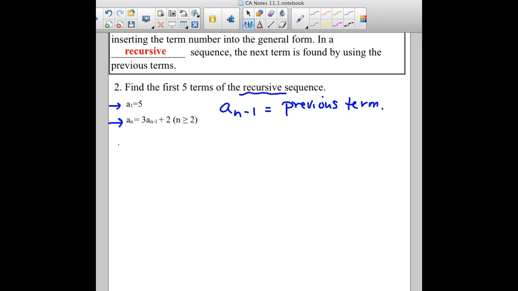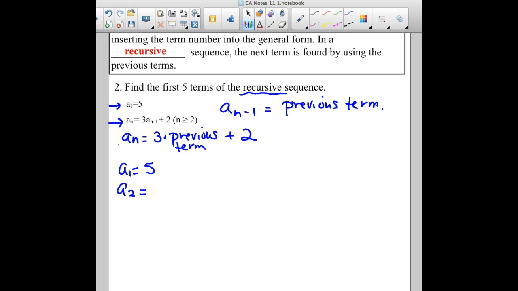All right, so it asks us to list the first 5 terms. We are going to think of this as 3 times the previous term plus 2. Okay, so they gave me the first term is 5. Now the second term says take 3 times the previous answer and add 2.